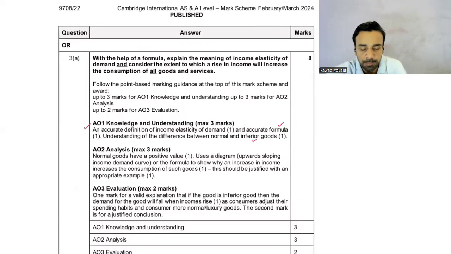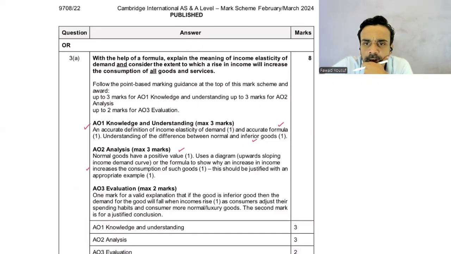Okay? Then after that, in analysis they're saying normal goods have a positive value. You will get one mark for that. Use of a diagram or formula to show why an increase in income will increase demand. I think we did this. We used the formula and we showed that if income rises, demand rises and you get a positive value.